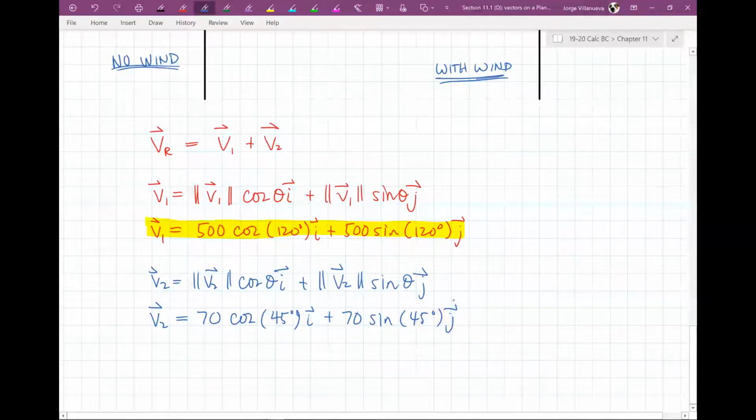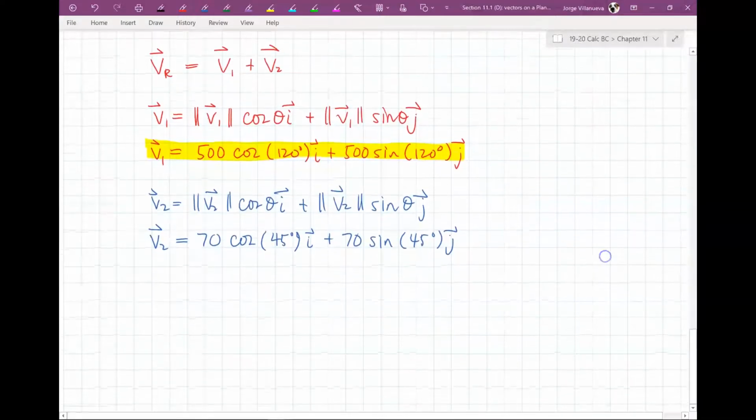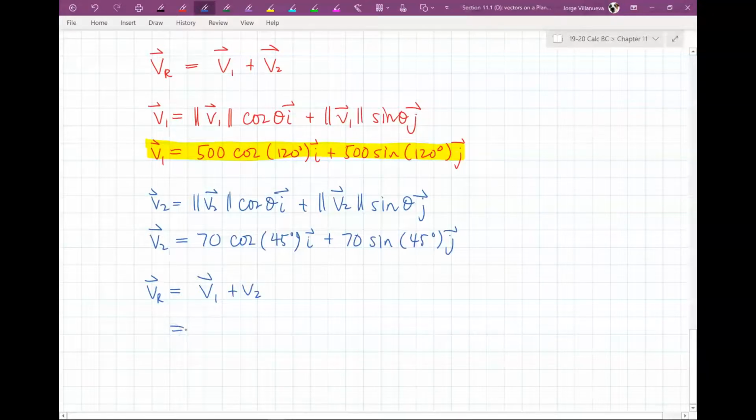All right, so the resultant velocity is going to look like this. V sub r is V sub 1 plus V sub 2. I'm just going to change the colors so we don't get mixed up.